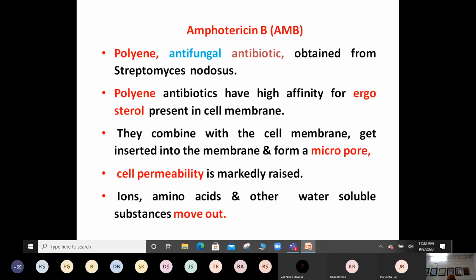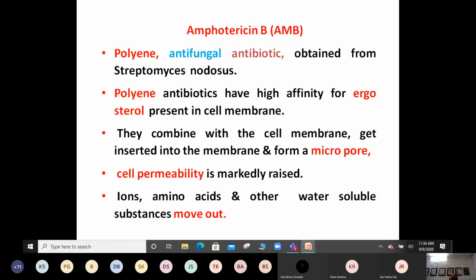When there are minute micropores in the cell membrane, the permeability of the cell is markedly increased. That is, the parasitic cell membrane becomes permeable. As a result, ions, amino acids, and other water-soluble substances come out of the parasite through these micropores.